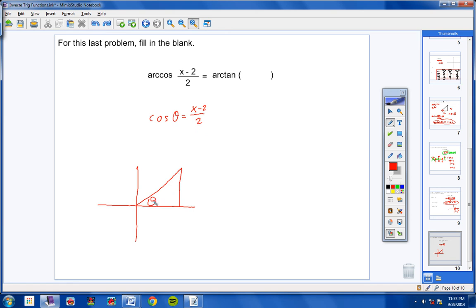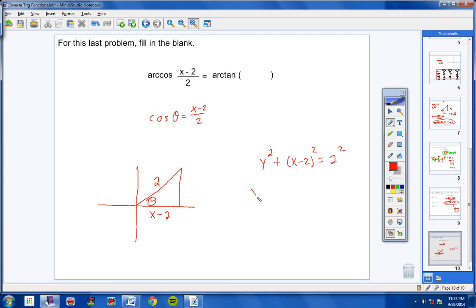And so here's my triangle. Cosine is adjacent over hypotenuse. Now quickly, using Pythagorean's theorem, I'm going to find this missing leg right here, okay? So here we go. Leg squared, we'll just call it y. Leg squared plus leg squared equals hypotenuse squared.